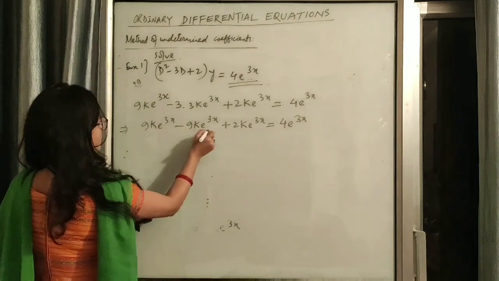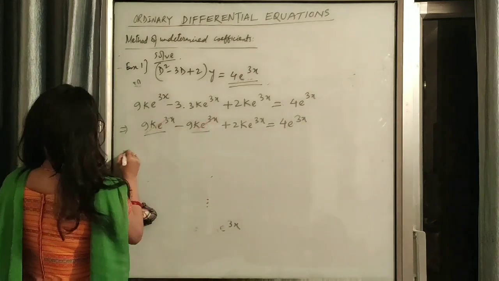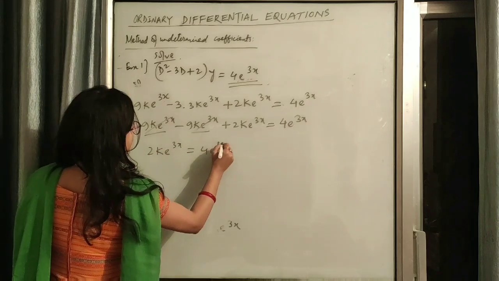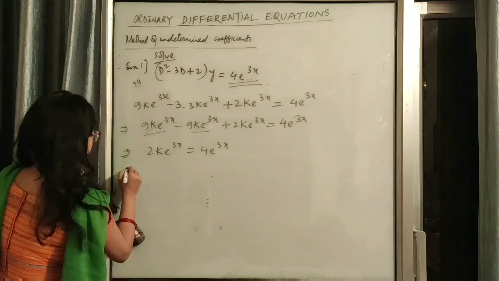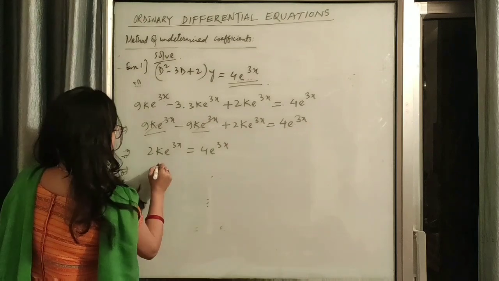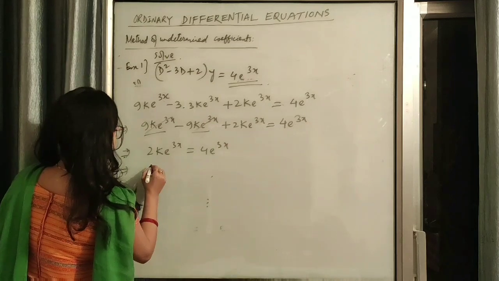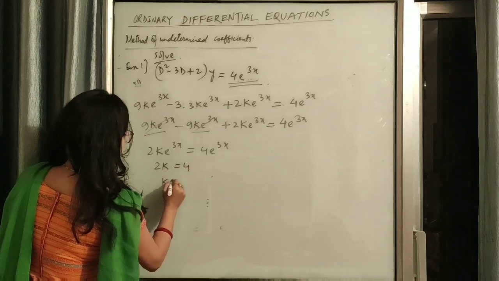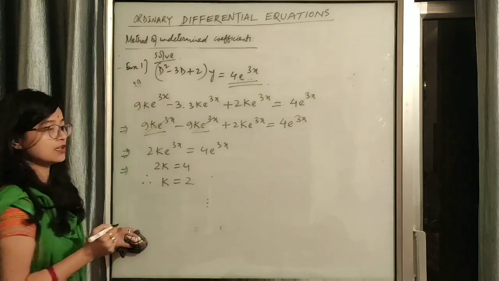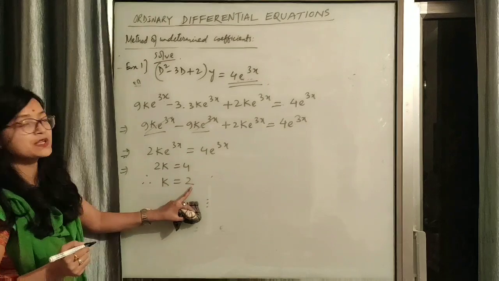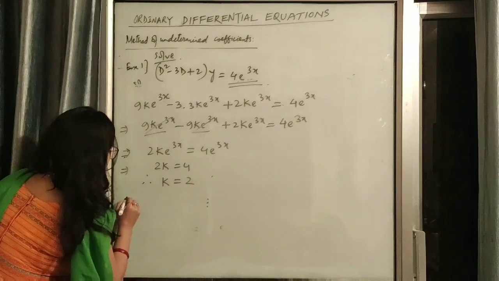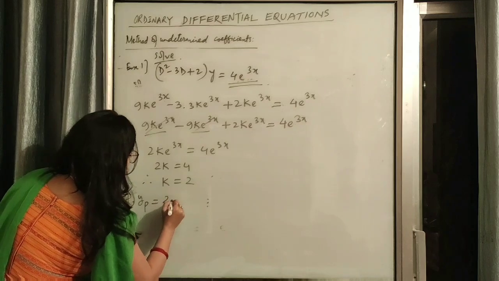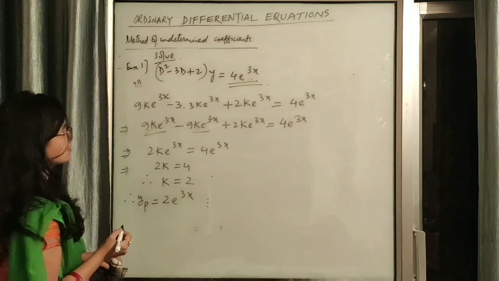These two terms are the same, so they got cancelled. Then 2k e^(3x) = 4e^(3x). So comparing these terms, we have 2k = 4, and therefore the unknown constant k is 2. Therefore yp = 2e^(3x).